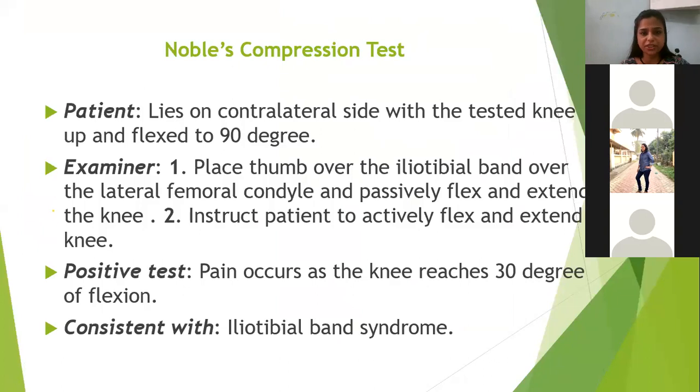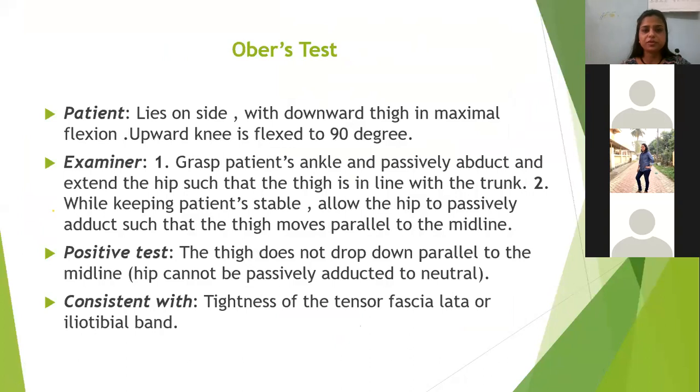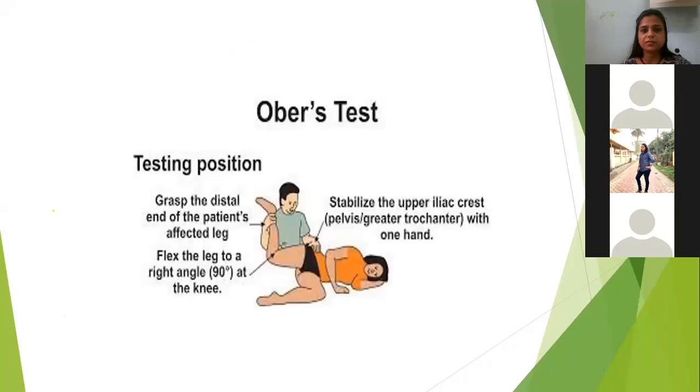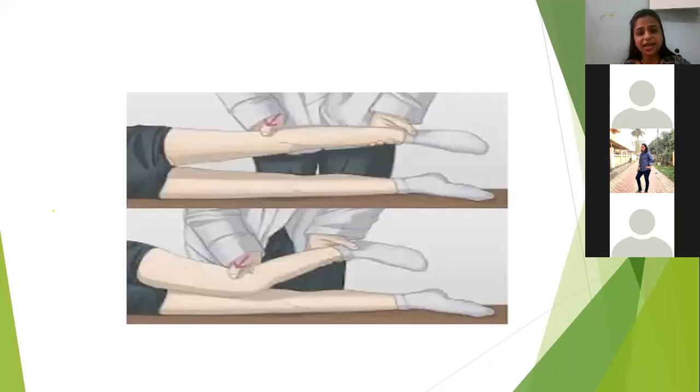IT syndrome, how will we test that? This is the Noble compression test. I'll tell you the figure. In this, you have to make the patient lie in side-lying position. The knee will be flexed to 90 degrees.